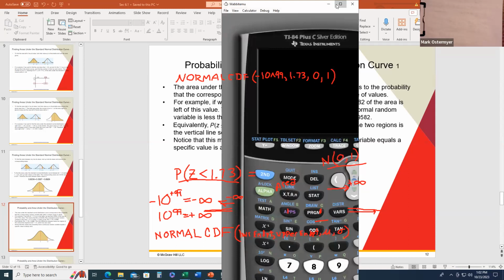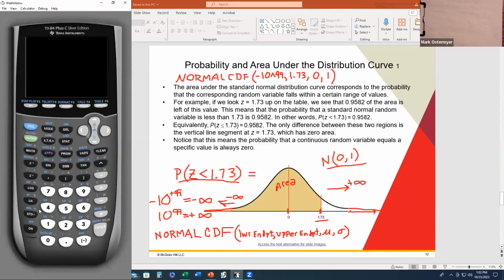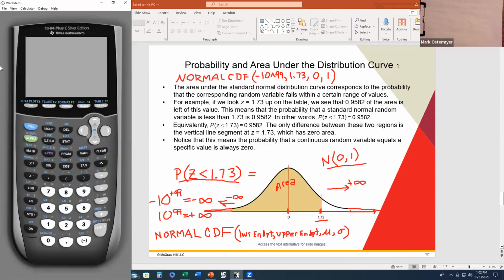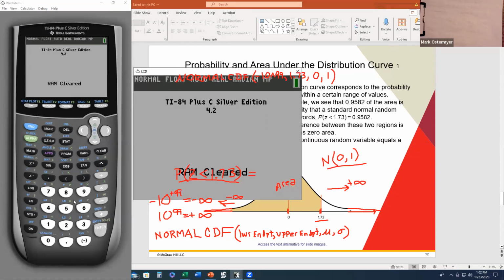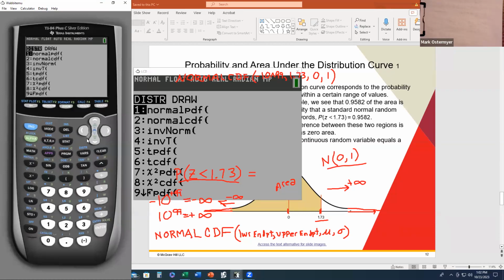So we'll bring up the calculator. I'm going to have to fit it in here. All right, we go to our distribution mode. Second vars takes us into distribution, and it's the second function from the top, normal CDF.